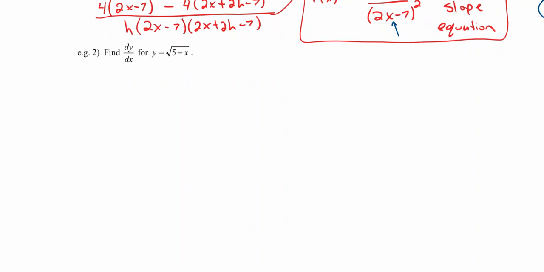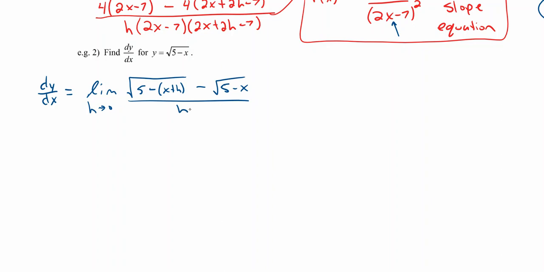So dy dx is equal to the limit as h approaches 0 of, okay, so then it'll be the square root of 5 minus, and then instead of an x, I'm putting in x plus h. Okay, and then minus the square root of 5 minus x, right? That is f of x, all over h.